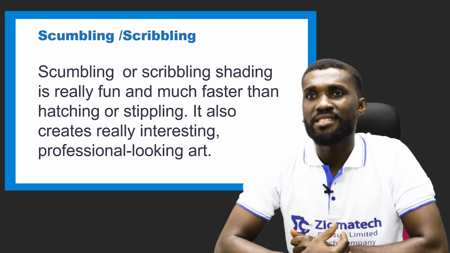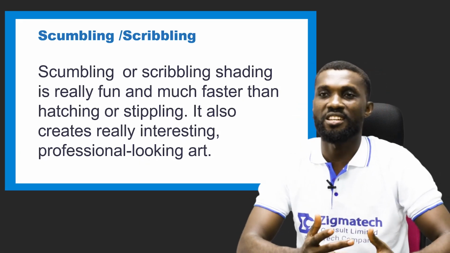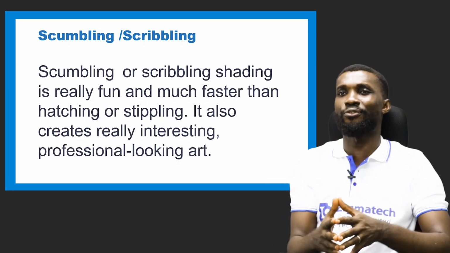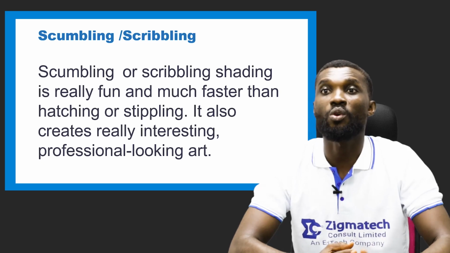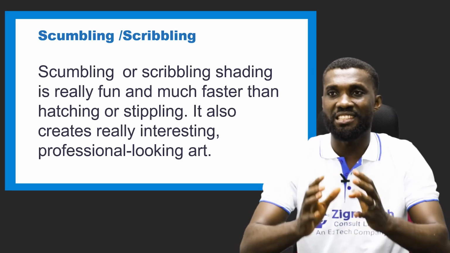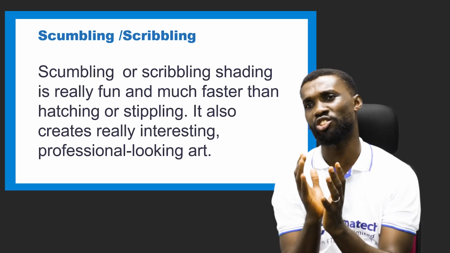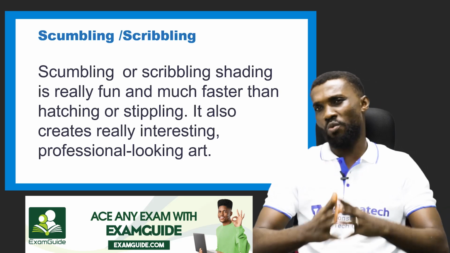Scribbling is a form of shading. It is really fun and much faster than hatching or stippling. It also creates an interesting and professional look as a work of art.